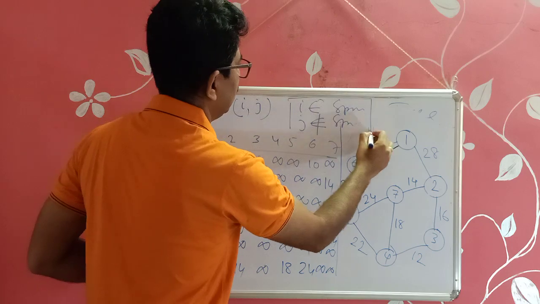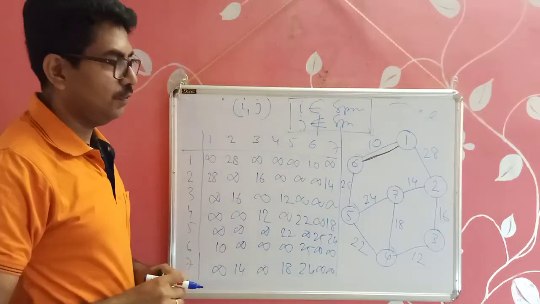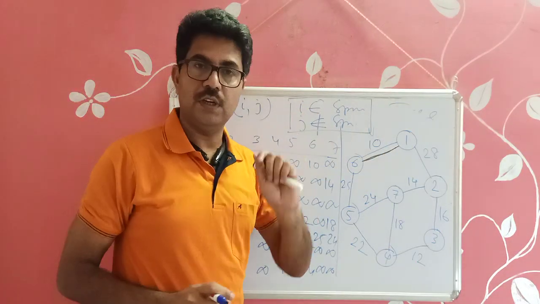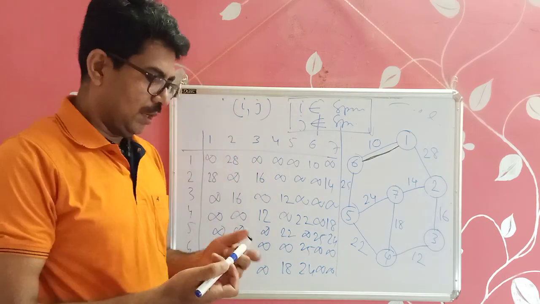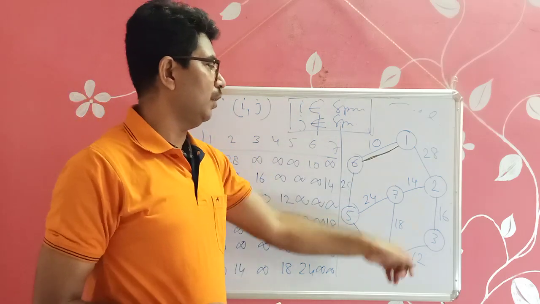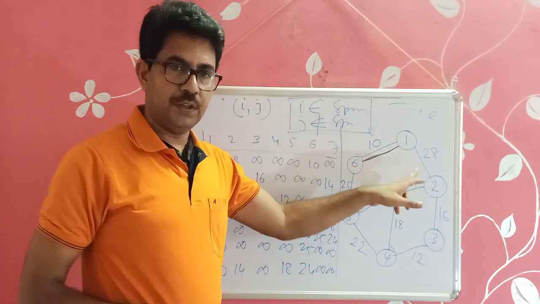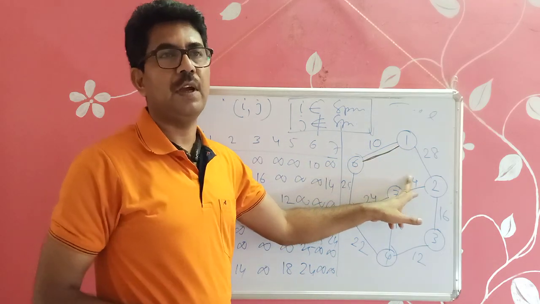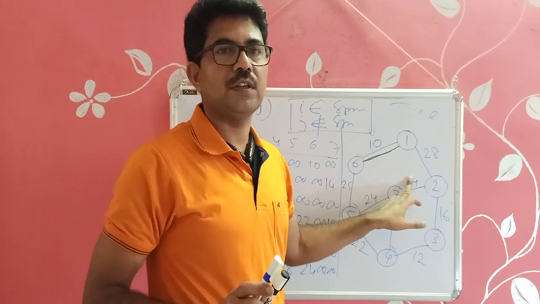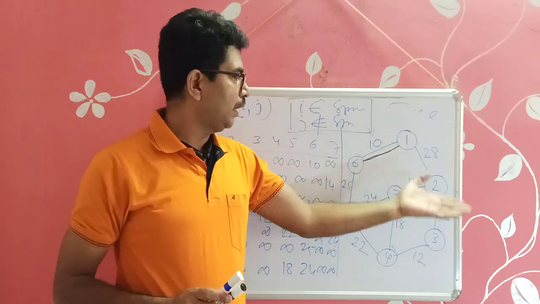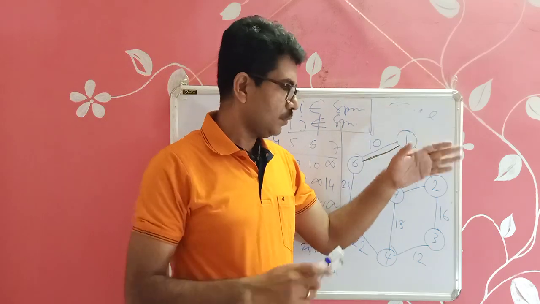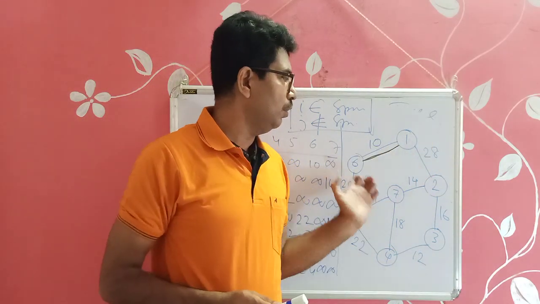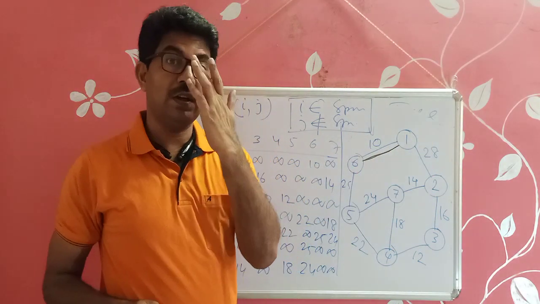This is the criterion that must be followed whenever we select a new edge. Okay, so every time we have to check. And since this is a connected graph, if there are n vertices, there will be n minus 1 edges. So if we can reach n minus 1 edges which connect all the n nodes, then we will terminate our algorithm.